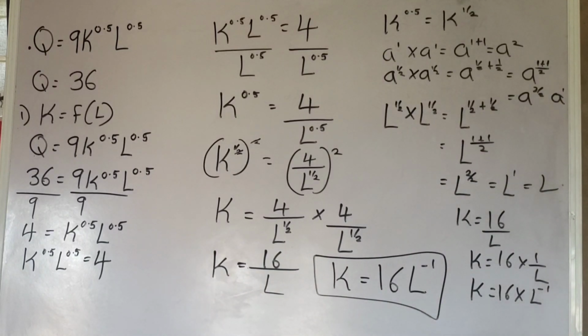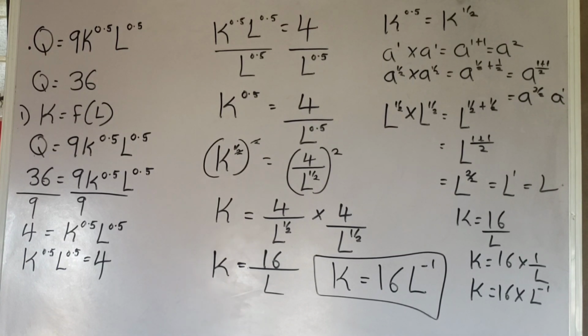Now, I know that the production function that they want me to derive is K equals 16L raised to the power of negative 1. The next thing is that I'm going to substitute the value of L as 100.